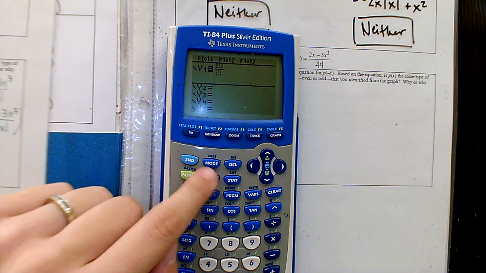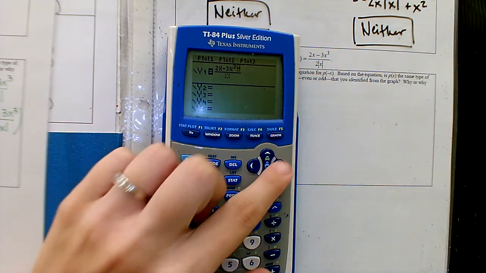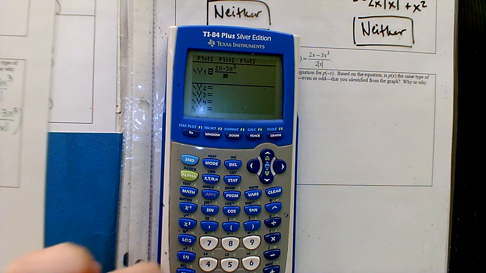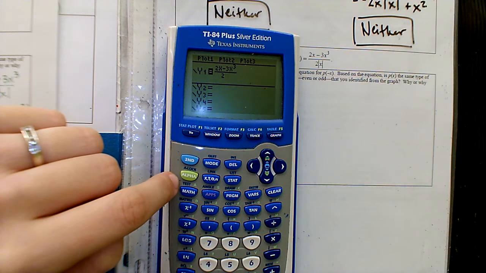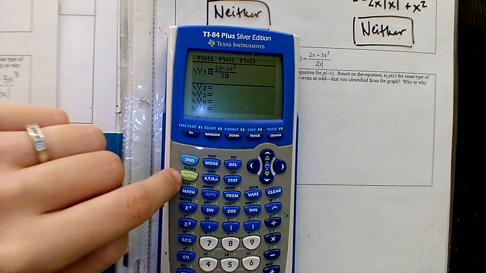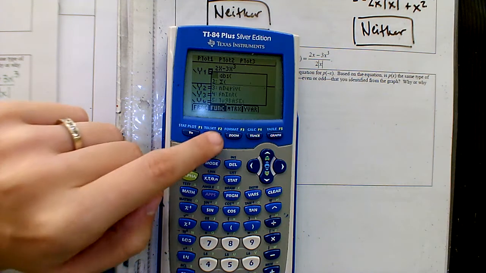We'll type in 2x minus 3x to the third, and then we need a 2 absolute value on the bottom. Do you remember where to get absolute values from? Okay, Caitlin? Oh, that's another one. I think you are a little bit more familiar with this calculator than I might be.